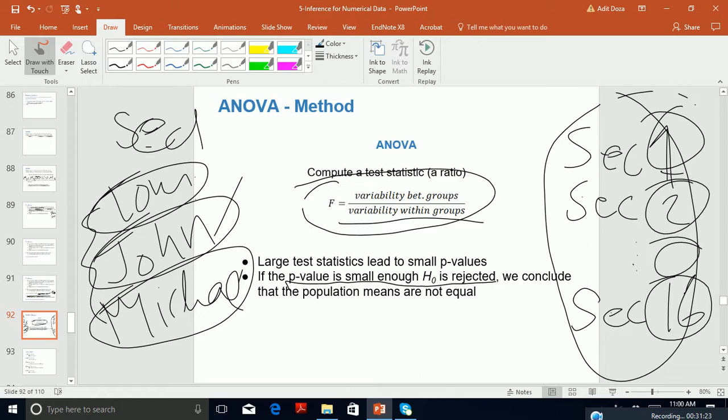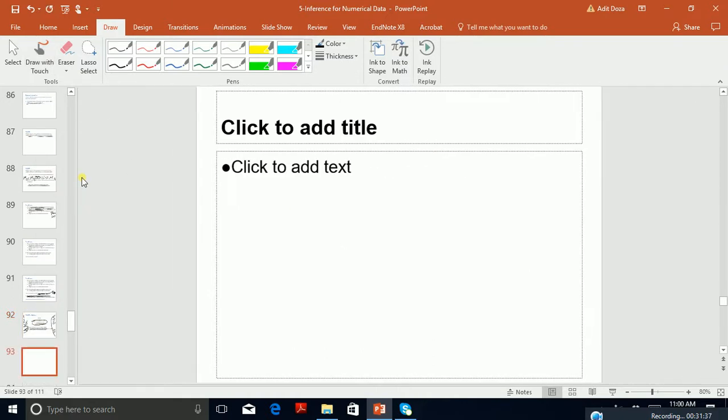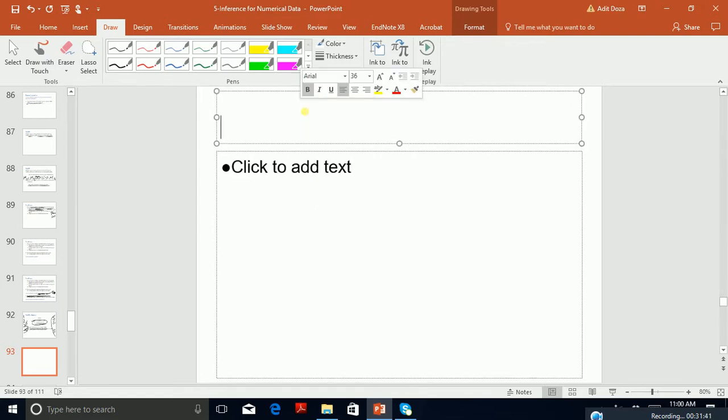Actually, let me show you something. Let me just create a new slide. I had a model where I was trying to find the total health expenditure of a country.